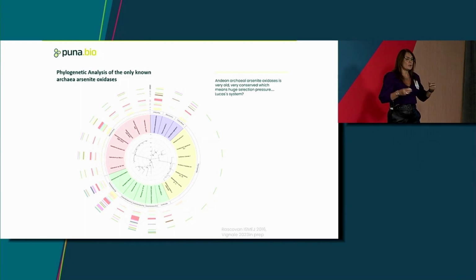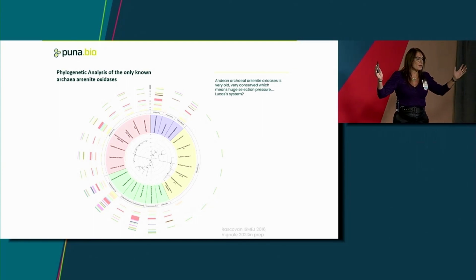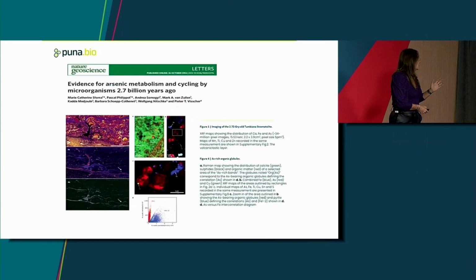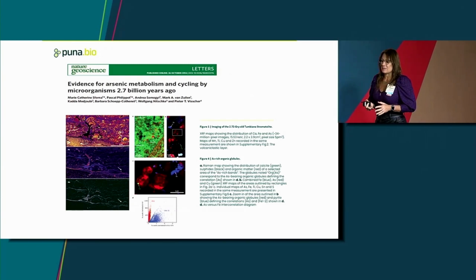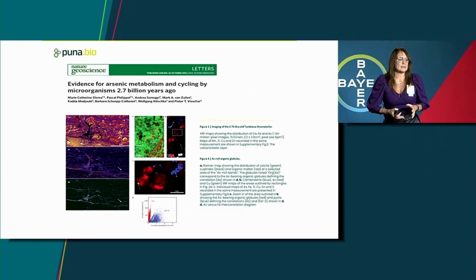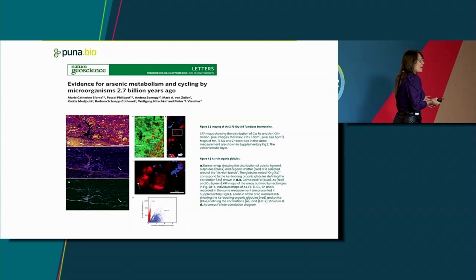When you look at the phylogenetic tree of life, it belongs to a bacteria that existed before prokaryotes and archaea were divided. So this is a very old, very primitive system.